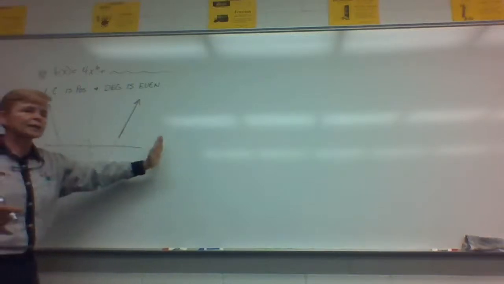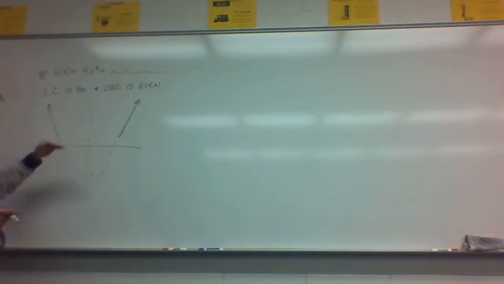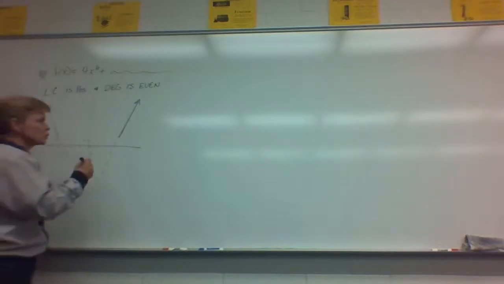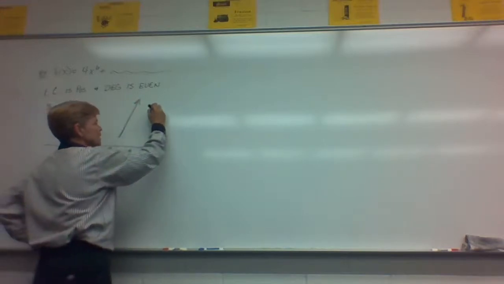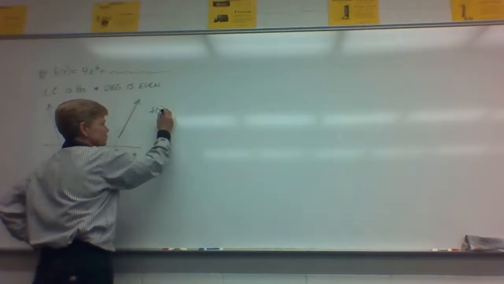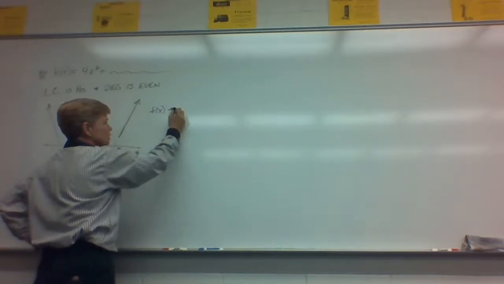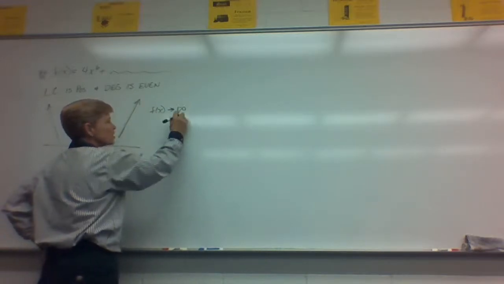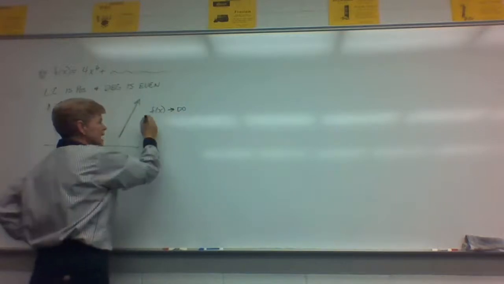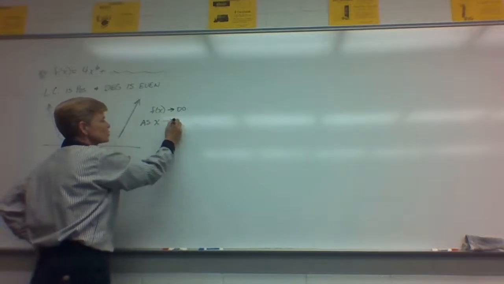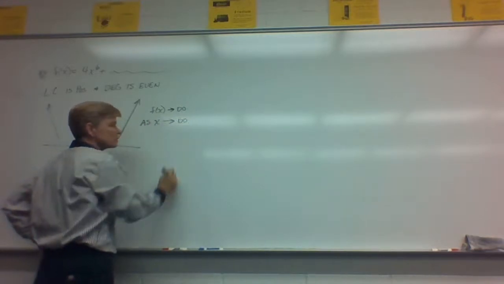X is all about right and left. Y's are all about up and down. Yeah? So this is what you write. For this idea right here, you say f of x, meaning the y values, go to infinity. That means up, because it's positive. It goes up forever as x goes to the right.